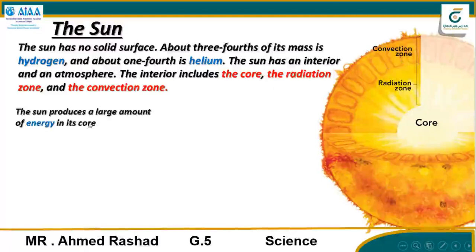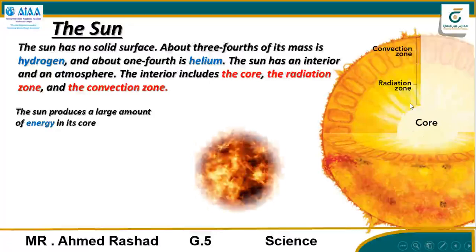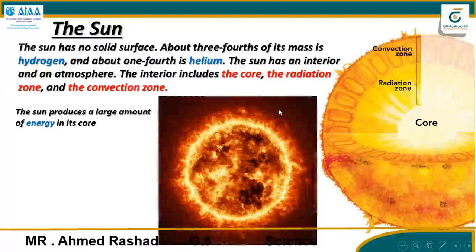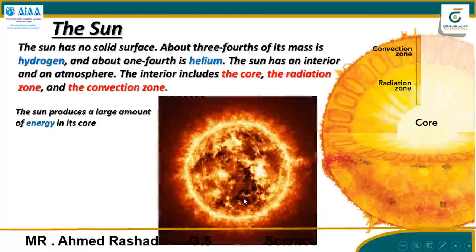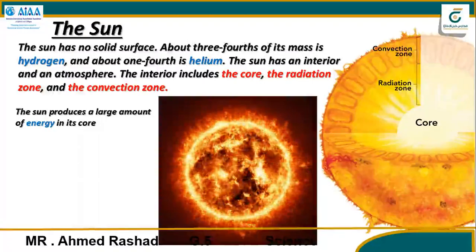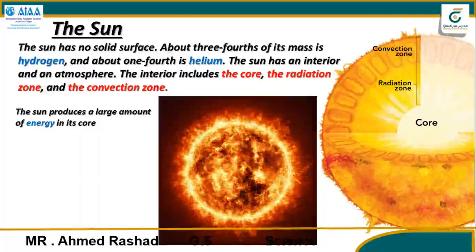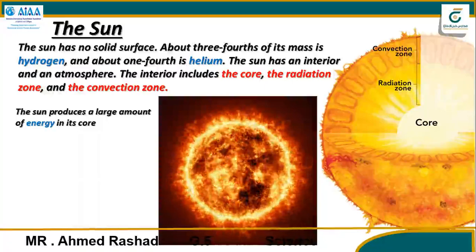And the Sun produces a large amount of energy in its core. So the core is producing a large amount of energy. You can see here a video explaining the Sun and a close-up of spots in the Sun, describing what happens on the Sun's surface.